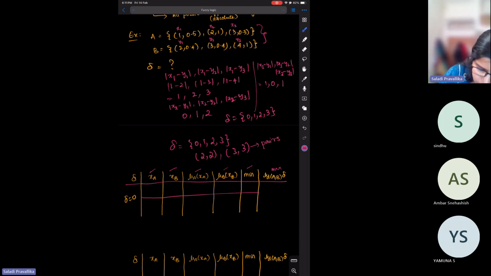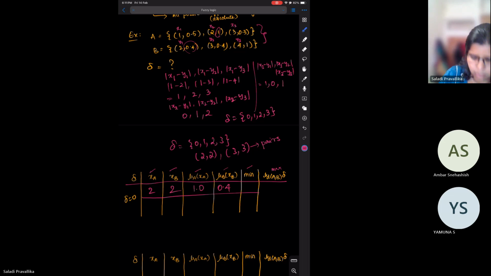Okay. So xa and xb are going to be 2 comma 2. Okay. So with respect to fuzzy set A, the membership value of 2 is 1.0. Okay, let us write it. With respect to fuzzy set B, and for x equal to 2, the membership value is 0.4. Right? Clear so far? Okay, we will leave it for here now. Let us go for the second case.